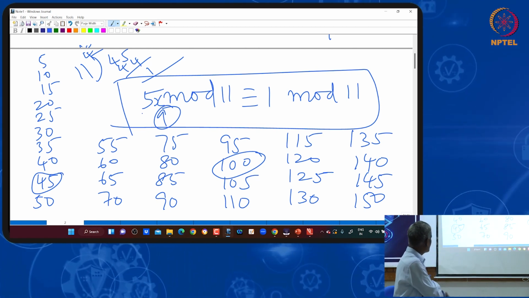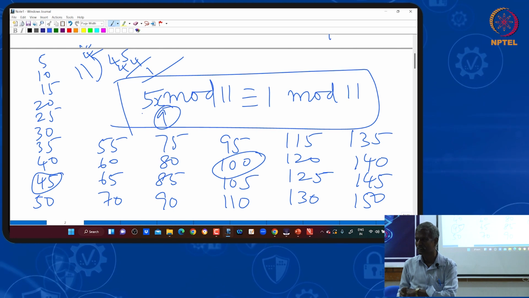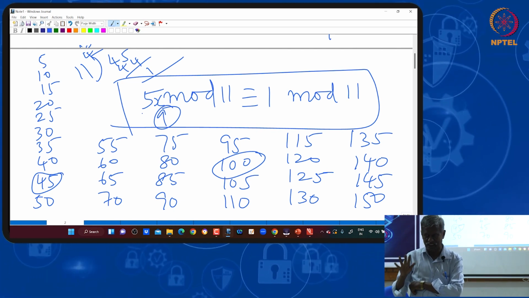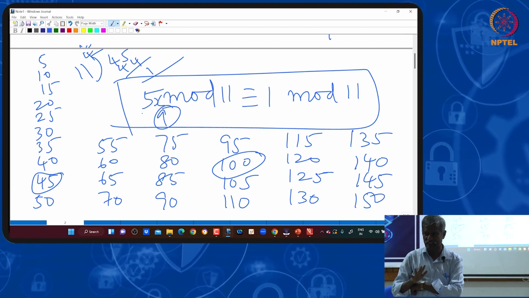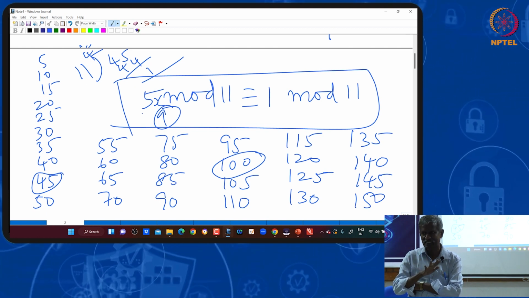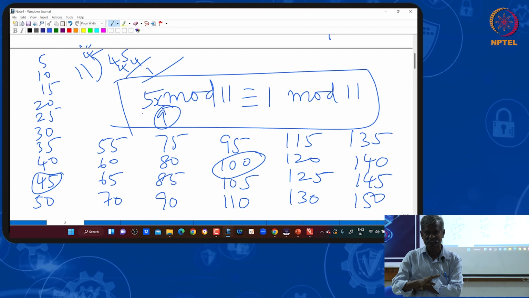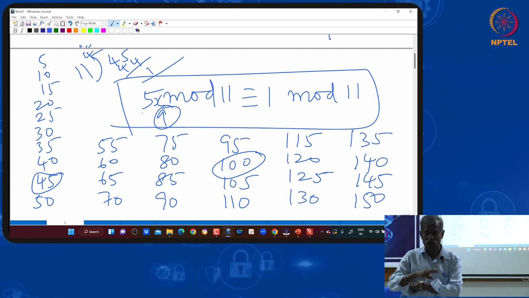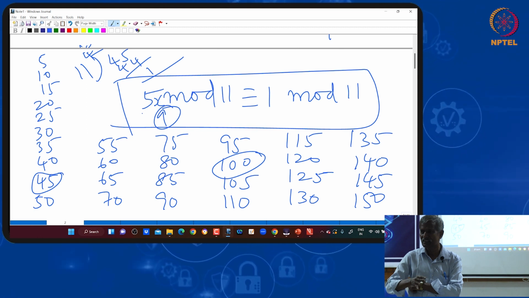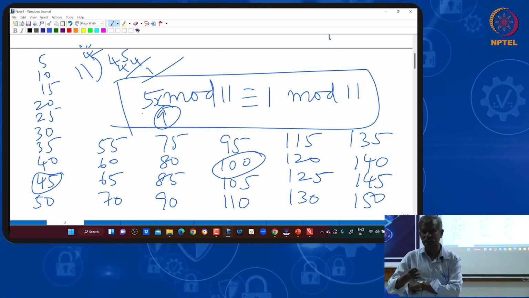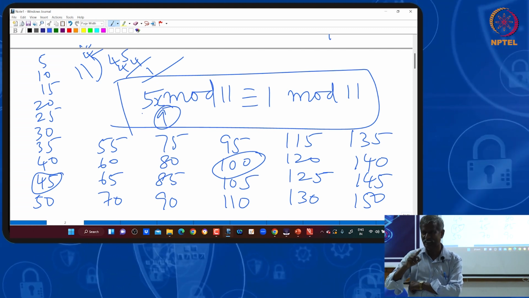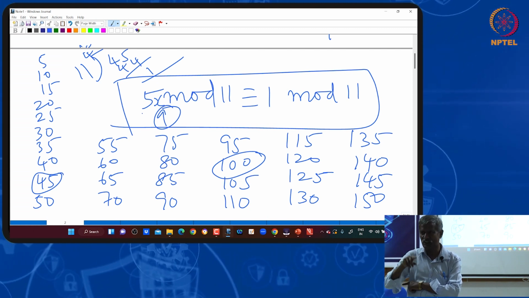So what I did is the 5 table. 5 ones are 5, 5 twos are 10, 5 threes are 15. 15 mod 11 is 4. Then 5 fours are 20. 20 mod 11 is 9. So it is not equal to 1. You have to take mod, and only then check.